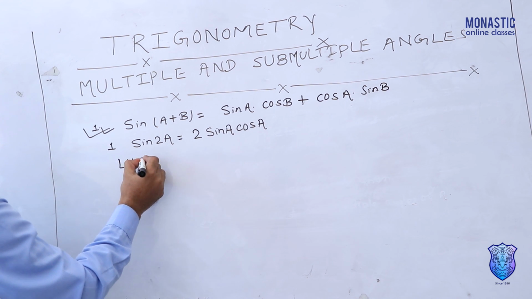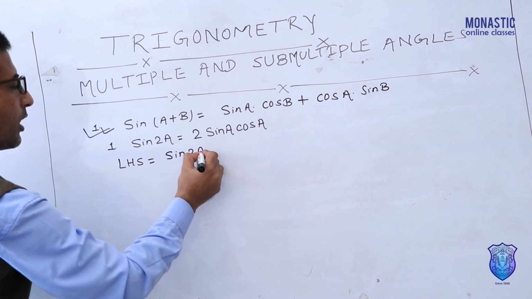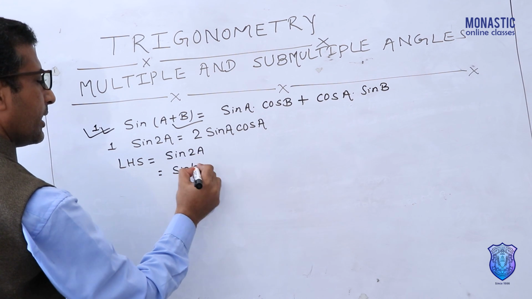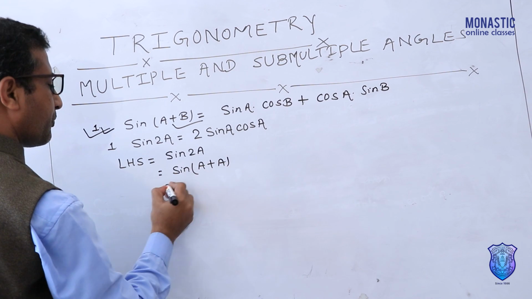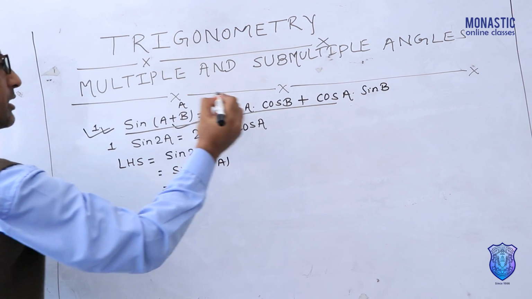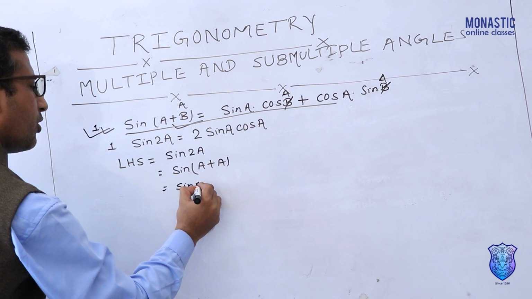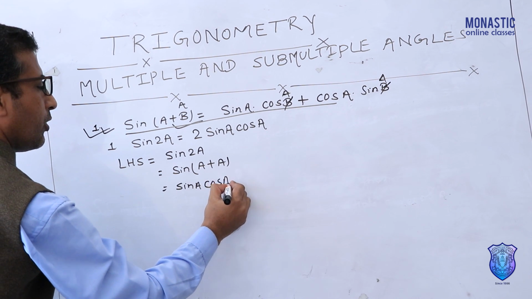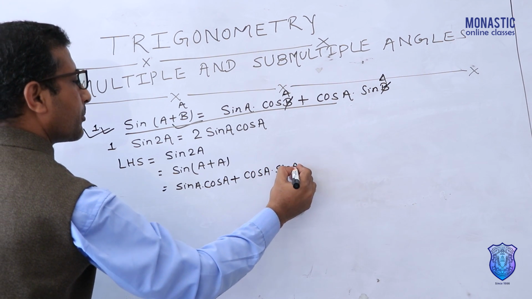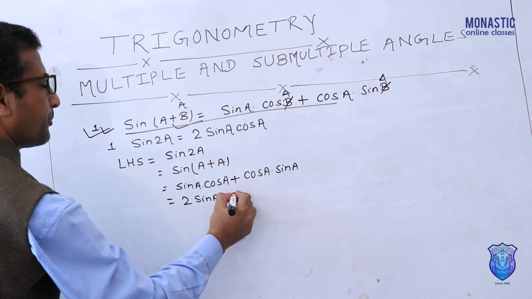If in the exam it is asked to prove this, we use the formula above, sine of A plus B. We can write 2A as A plus A. Now we apply the formula, changing B to A. So we can write sine A cos A plus cos A sine A, that is 2 times sine A cos A. That's the proof.